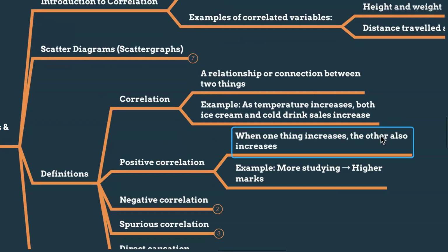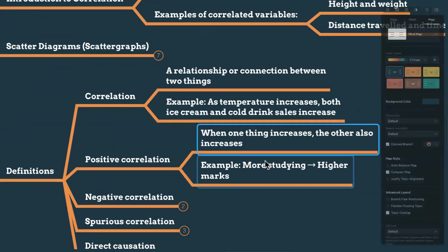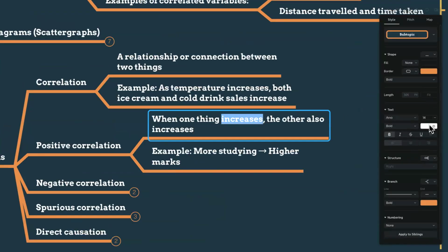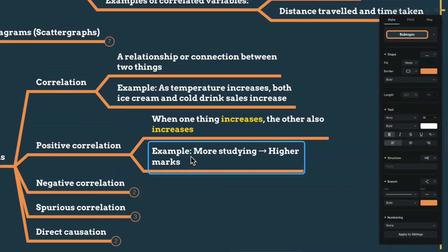So positive correlation means one thing increases, the other also increases. That is positive correlation. There are two variables, right? One variable increases, and at the same time another variable also increases. For example, if you study more, you will earn higher marks, right? If you consistently join the live Zoom classes, you are going to get high marks in your examinations.